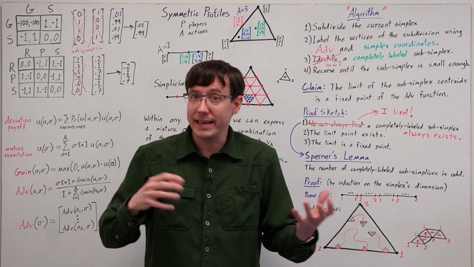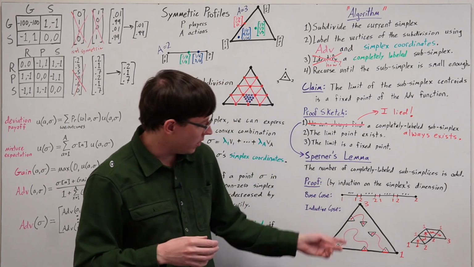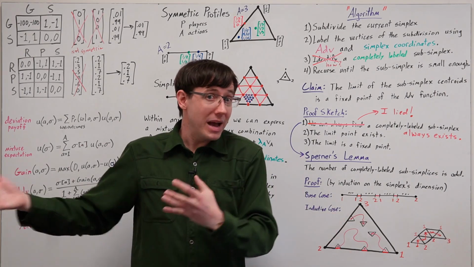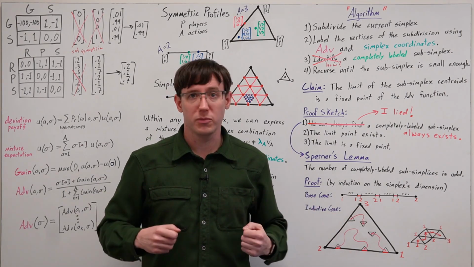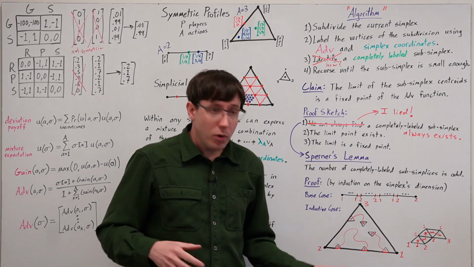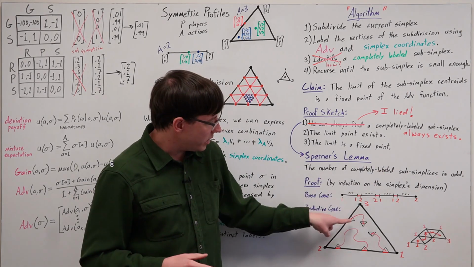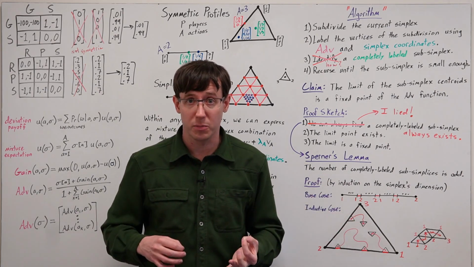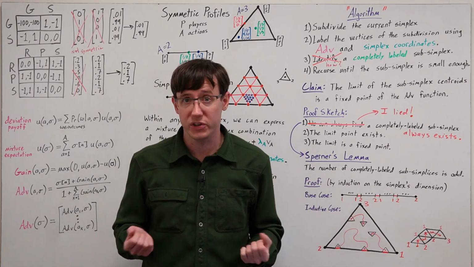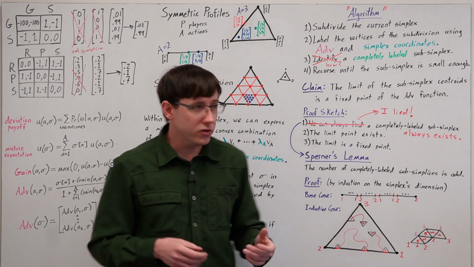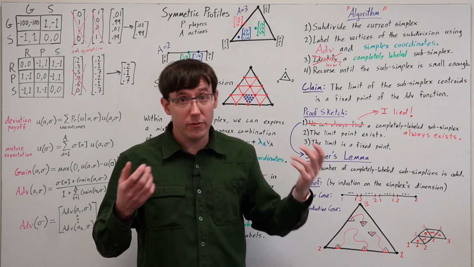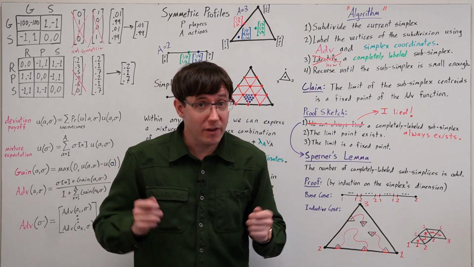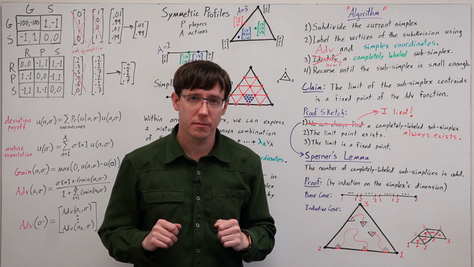And to find a completely labeled subsimplex in the next dimension, we might need to start from one of these, possibly many other, completely labeled subsimplices. So before we could go up another dimension, we would need some way of tracking down all of these other completely labeled subsimplices, and we don't have a procedure for doing that. In principle, we could exhaustively explore every subsimplex, but that gets out of control really fast in higher dimensions.